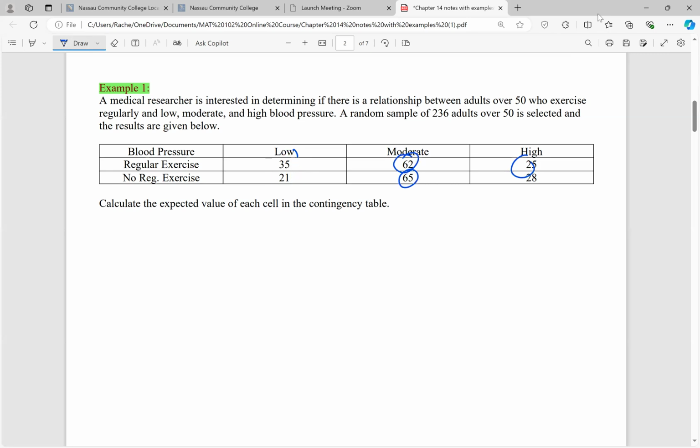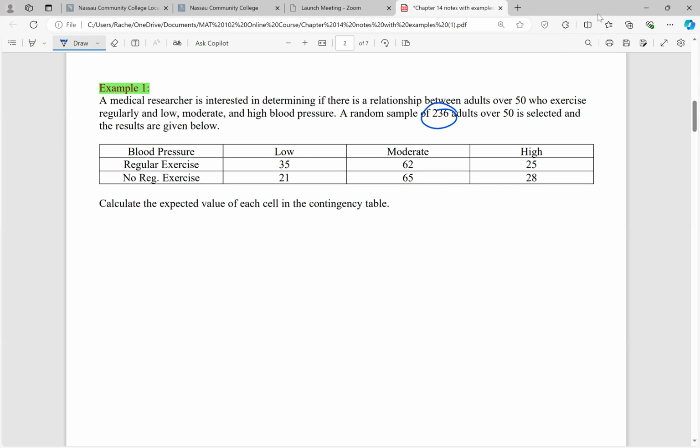So for example, 35 of these 236 people regularly exercise and have low blood pressure. 21 people were observed to not regularly exercise and have low blood pressure. 62 people regularly exercise and have moderate blood pressure, and so on and so forth. So that's how we interpret this table.